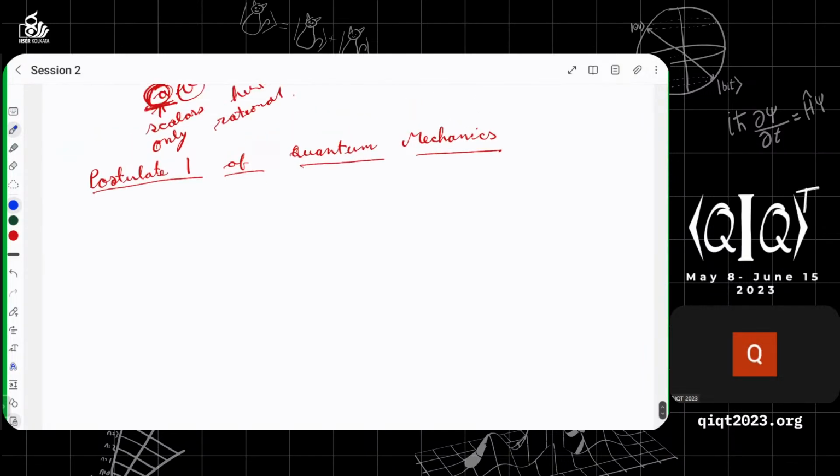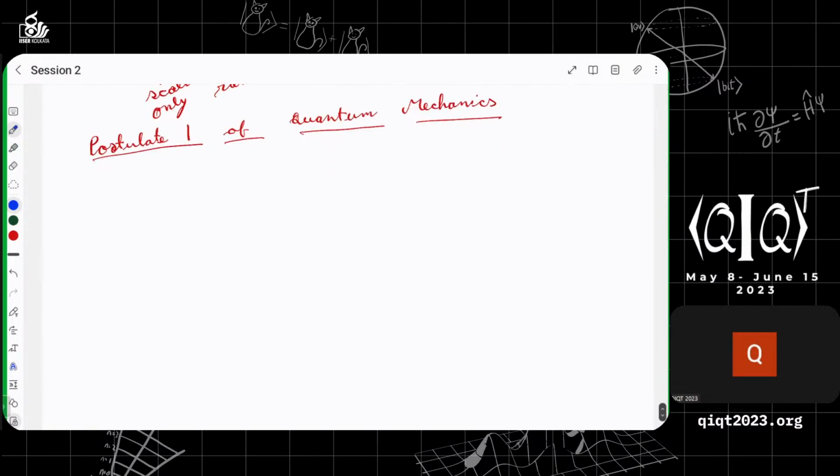This postulate one I had very briefly mentioned in the last class, about the vectors in an abstract vector space. So let's put it down a bit more formally now.